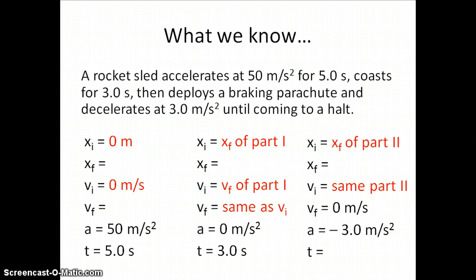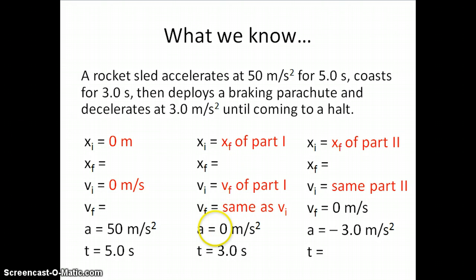Now we also know that since this is a fluid motion, it's not like it's part 1 and then it stops, and then it's part 2 and then it stops. So it's just one fluid motion that we broke up ourselves into 3 parts. So we know that our initial position of the second part is going to be the final position of the first part, because it's a fluid motion and it doesn't teleport anywhere, right? And so then we know that the final velocity here is going to be the initial velocity there, again because of that fluid motion.